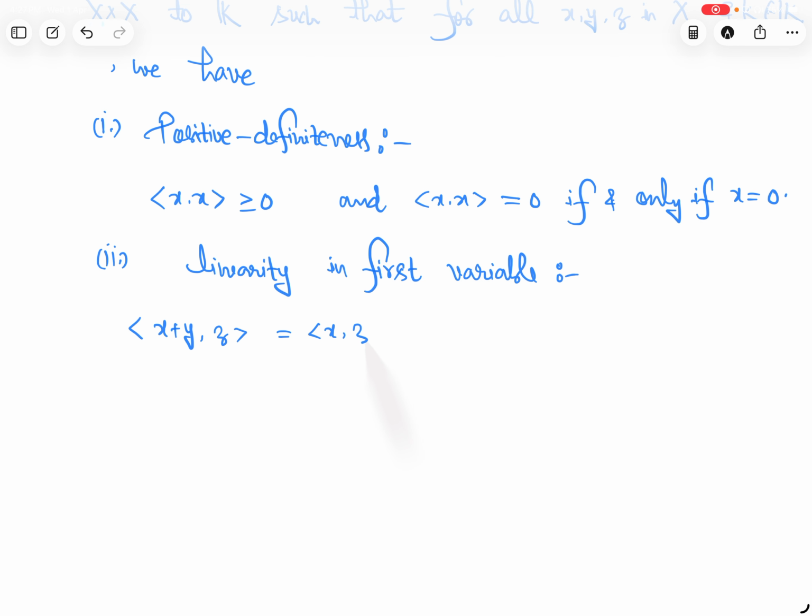So <x + y, z> = <x, z> + <y, z>, and <kx, y> is equal to k times <x, y>.